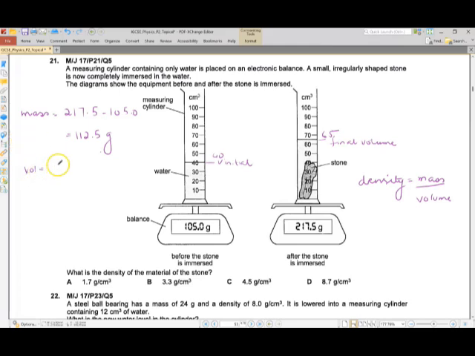So volume is 65 centimeter cube minus 40 centimeter cube, and this gives us 25. So putting these values in our formula, we get 4.5 grams per centimeter cube. So the density of the material of the stone would be 4.5 gram per centimeter cube.